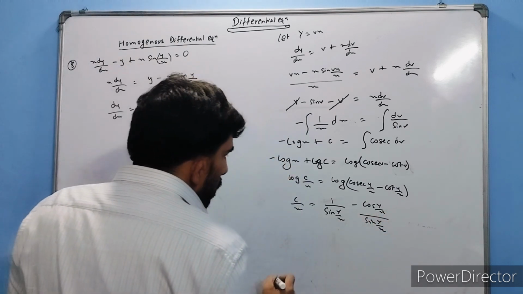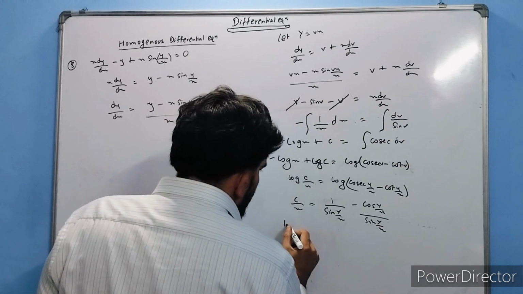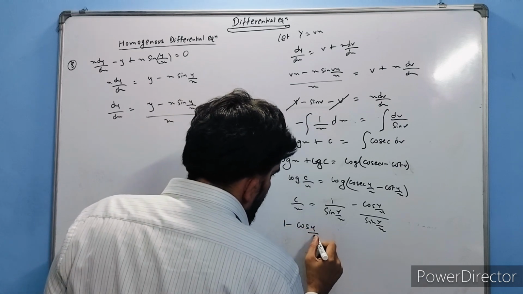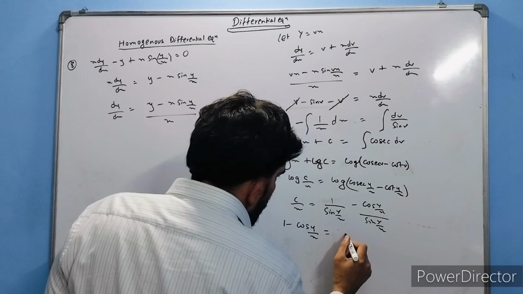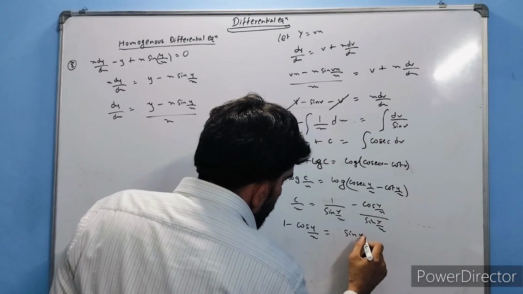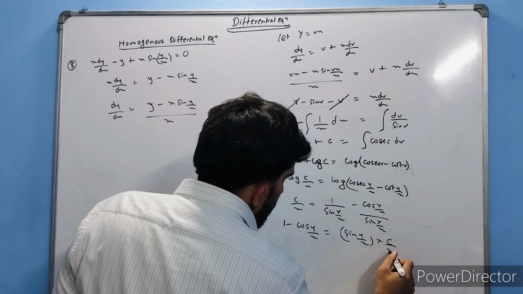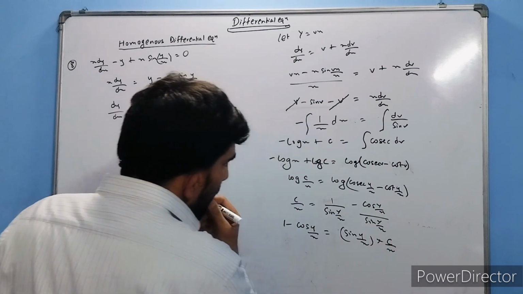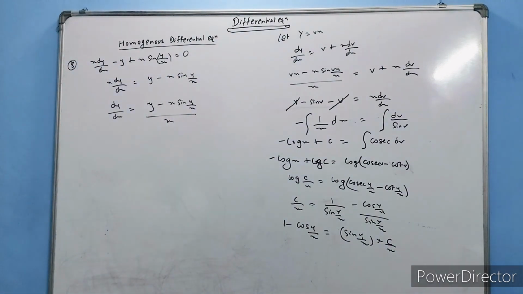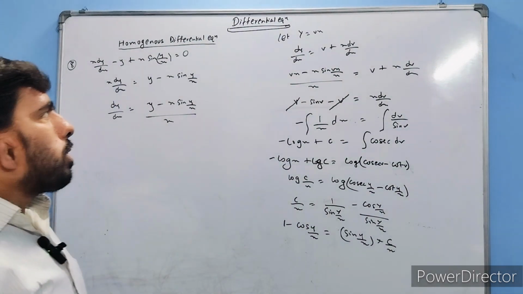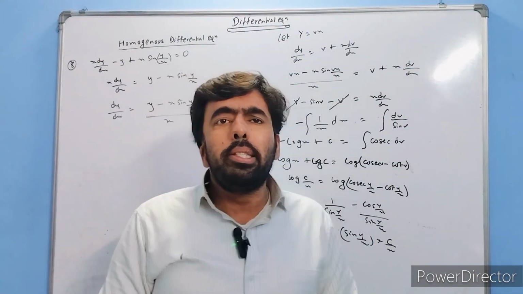So now I can write 1 - cos(y/x) = sin(y/x) into c/x, which is the required general solution of the given homogeneous equation.